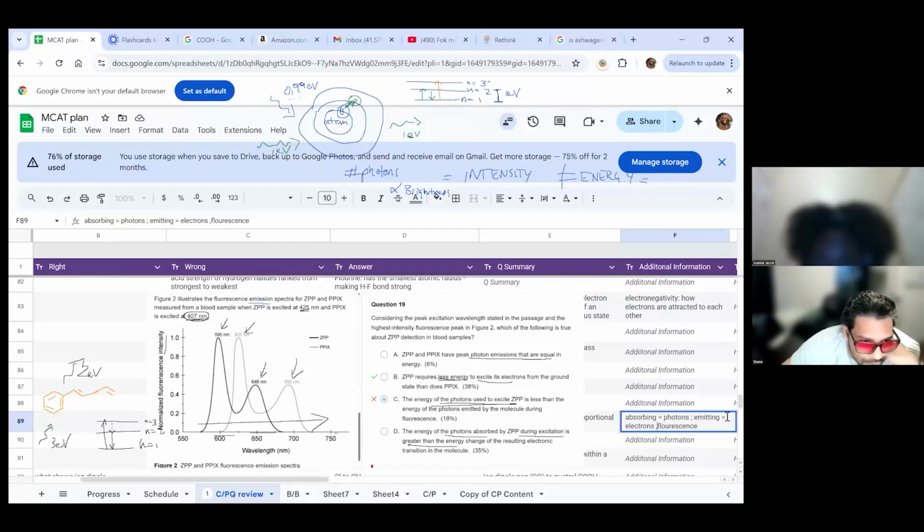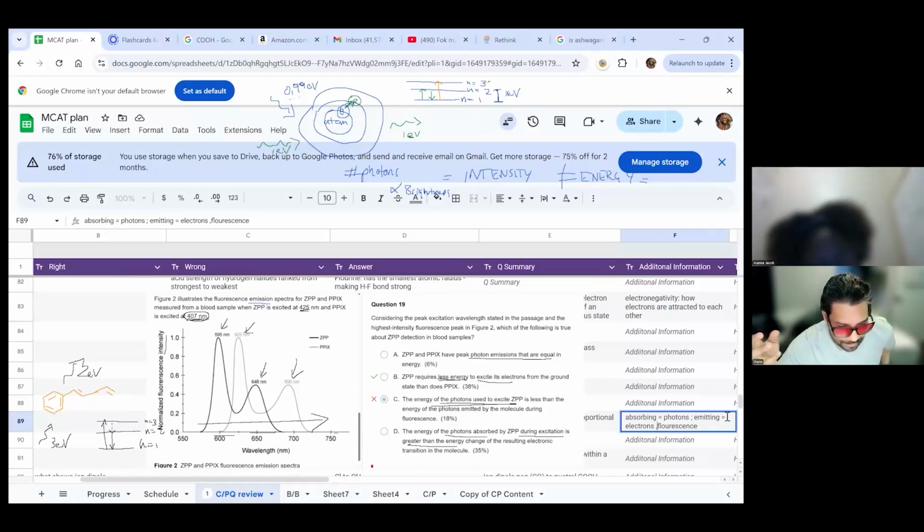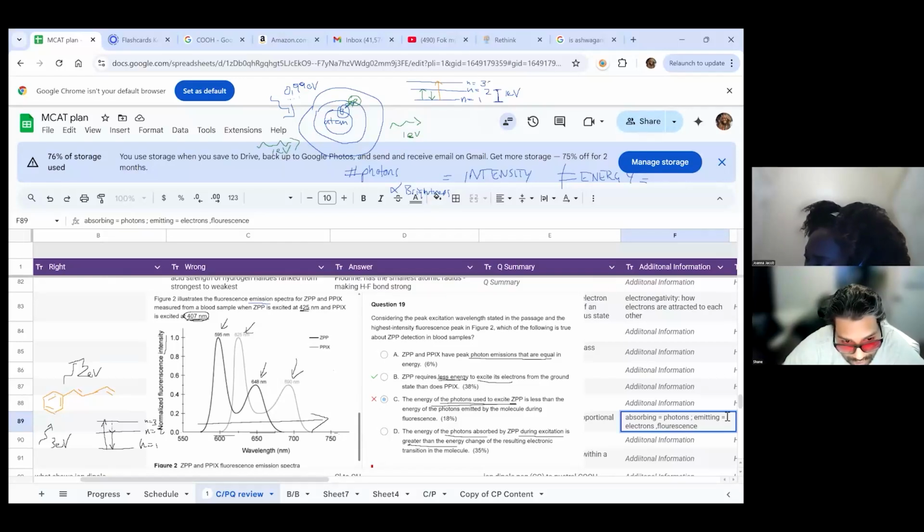Okay, I guess it's starting to make sense now. Since we're talking about the fluorescence emission spectra, the graph shows us the emission of the fluorescence, but what they're talking about in the description here is the excitation part.